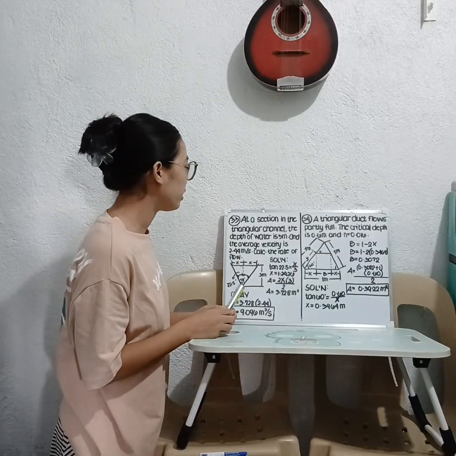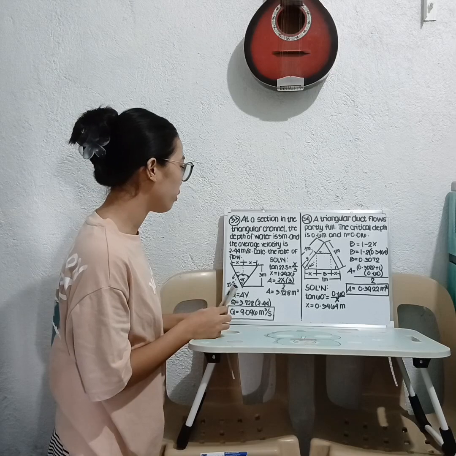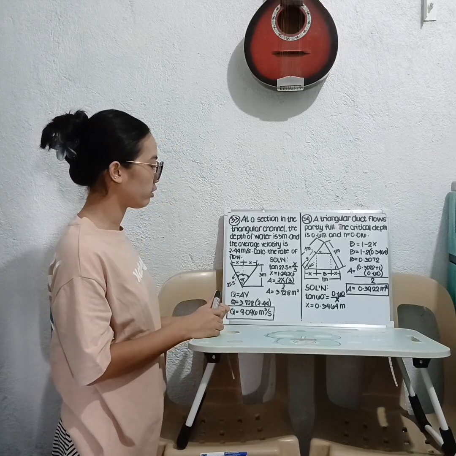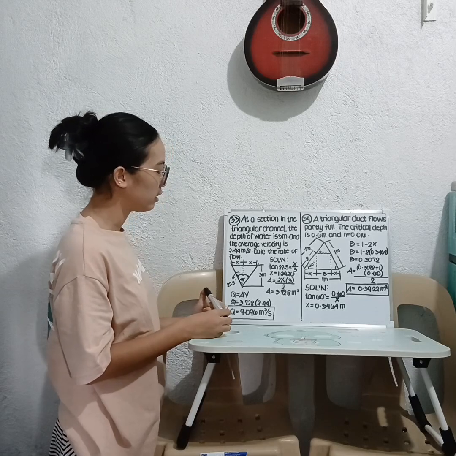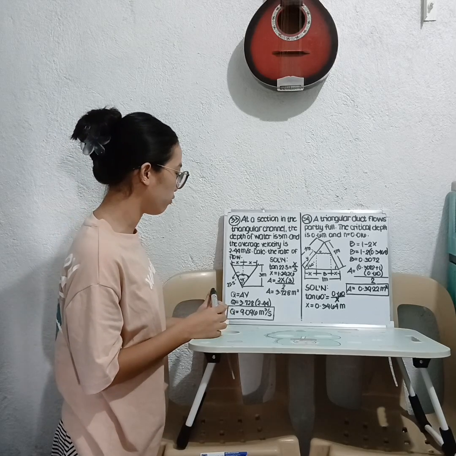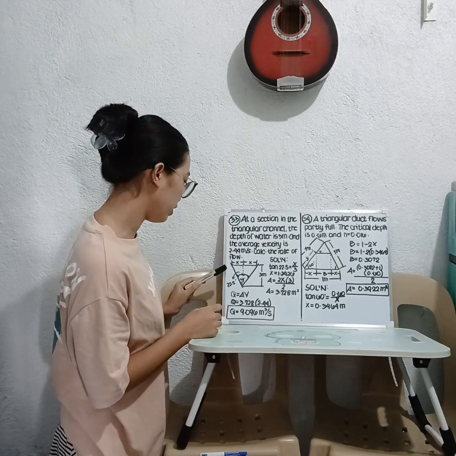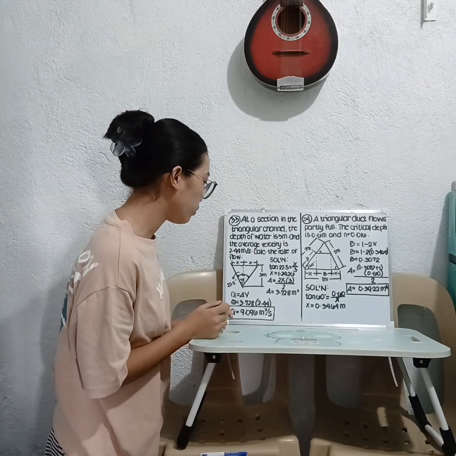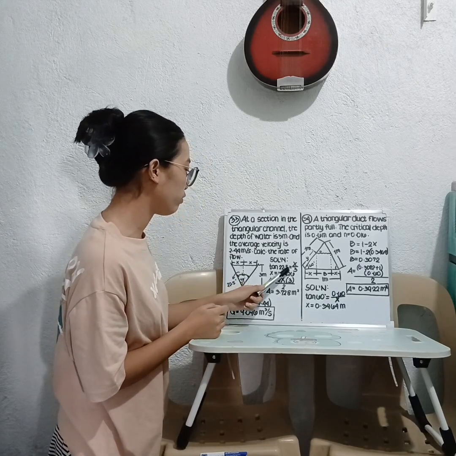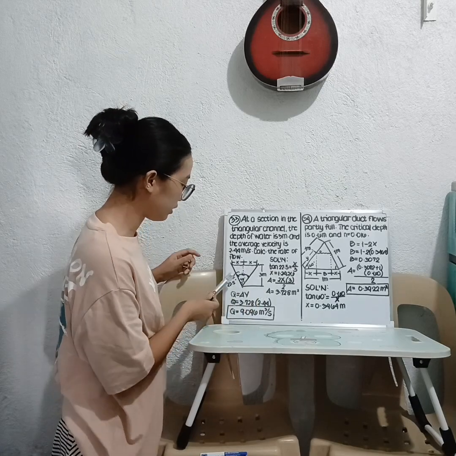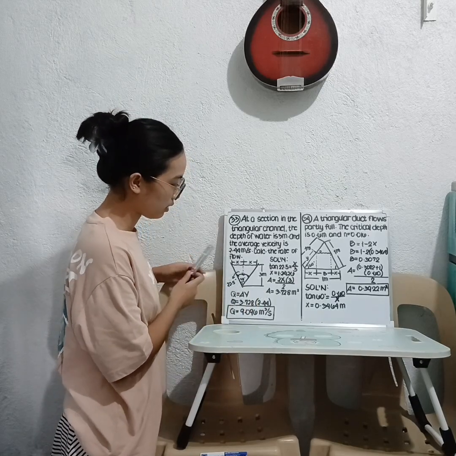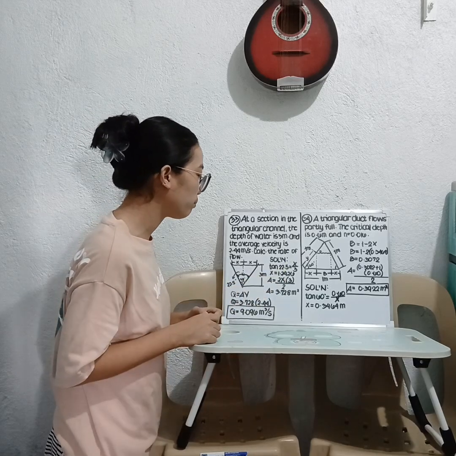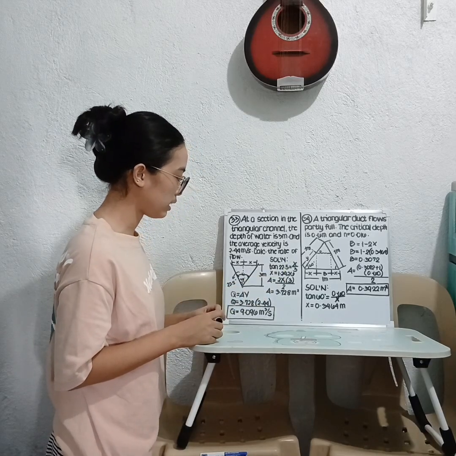At a section in the triangular channel, the depth of water is 3 meters and the average velocity is 2.44 meter per second. So calculate the rate of flow. We have the illustration here. Then, first, we have tangent 22.5, which is the angle is half of this, equal to x over 3. We have x is equal to 1.2426.